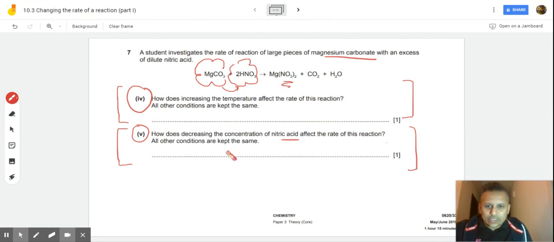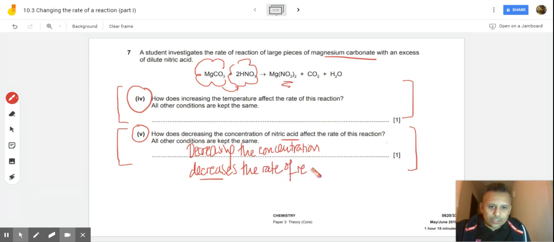So as long as all other conditions are kept the same, decrease in the concentration, so we can write in, decreasing the concentration decreases the rate of reaction. Okay, so that would secure us 1 mark.